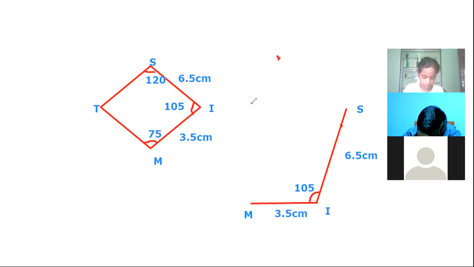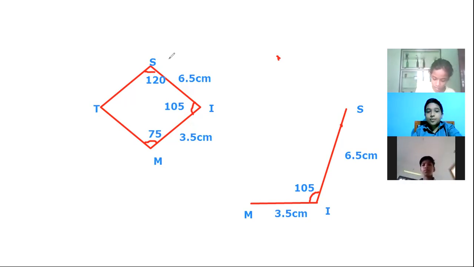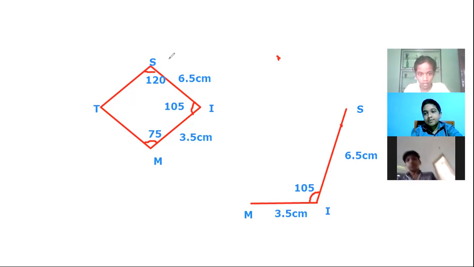Okay, then what is the length of ST? Do you know the length of ST? Is it 6.5 centimeter? We only know the length of MI and IS. That's only given for us.